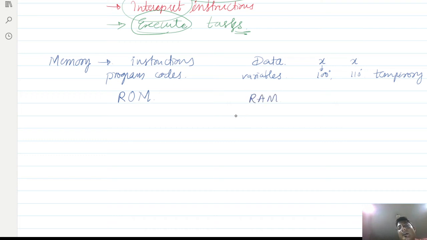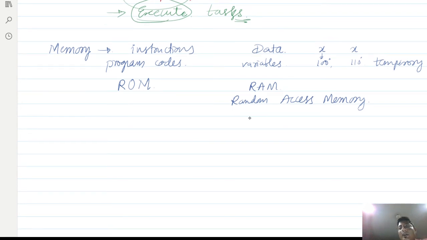Okay, so RAM is nothing but random access memory. It is also called volatile memory. Why volatile memory? Because it is going to store the data only for a particular instant of the execution of the instruction. Later on that data is going to get erased from the memory location.